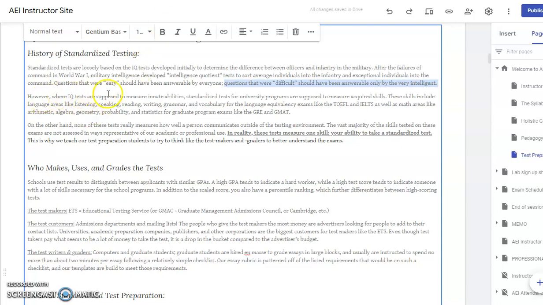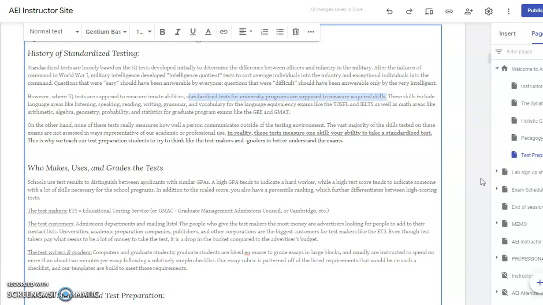However, IQ tests are theoretically supposed to measure innate abilities, and they don't, it turns out. They're deeply, deeply flawed and based on numerous assumptions. But they were supposed to measure those innate abilities. However, by contrast, the standardized test for a university program is supposed to measure acquired skills.